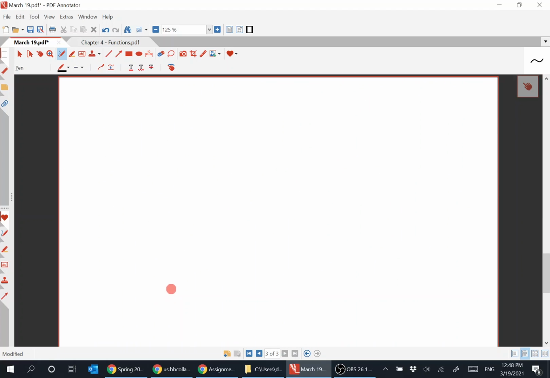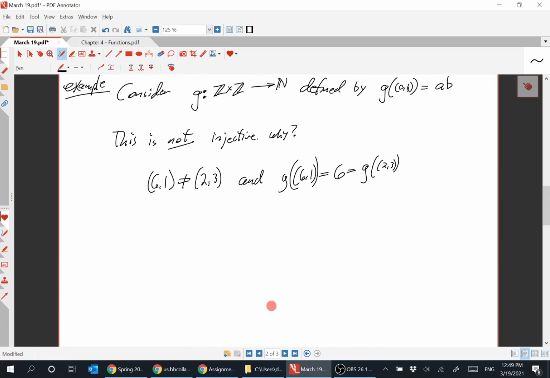Right, or, I mean, there's a gazillion other examples. It's not just that. Also, like 0, 5 is not equal to 0, 0, right? And g of 0, 5 is equal to what? Zero, which is the same as g of 0, 0.